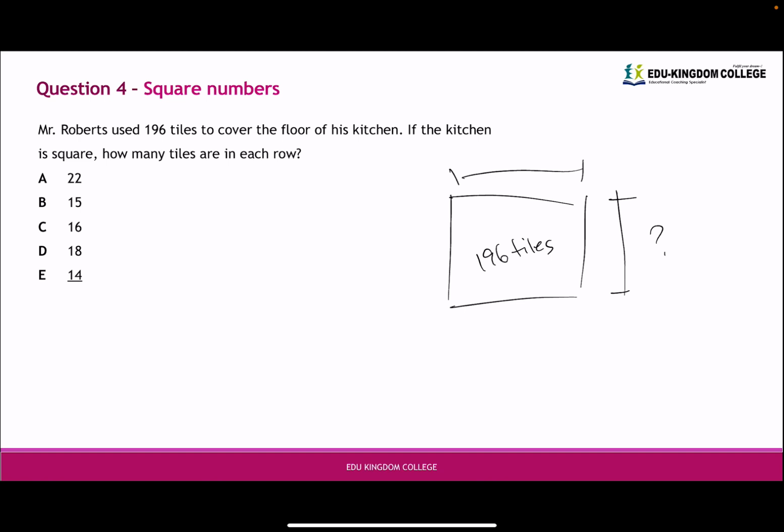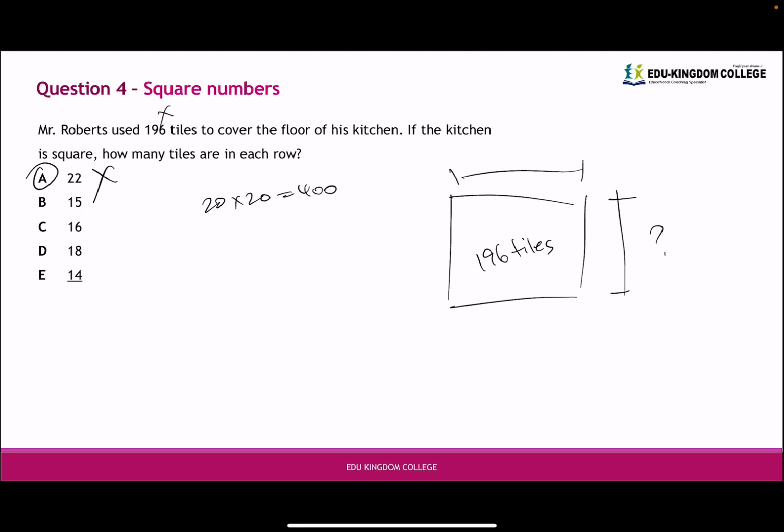For example, 2 times 2 is 4, 10 times 10 is 100, 20 times 20 is 400. So if we know that 20 times 20 equals 400, then we know that 22 is not going to work, because 20 times 20 is already too big. 22 times 22 is definitely too big, it's going to be way over 196.